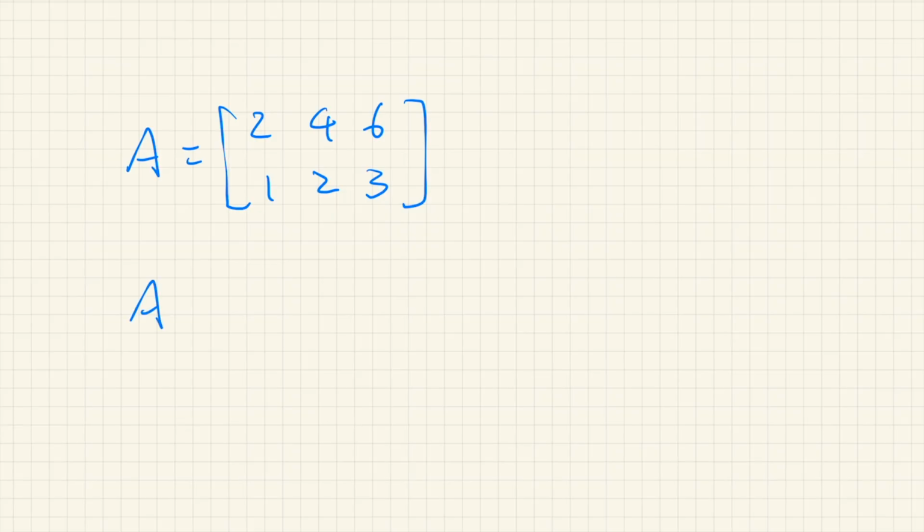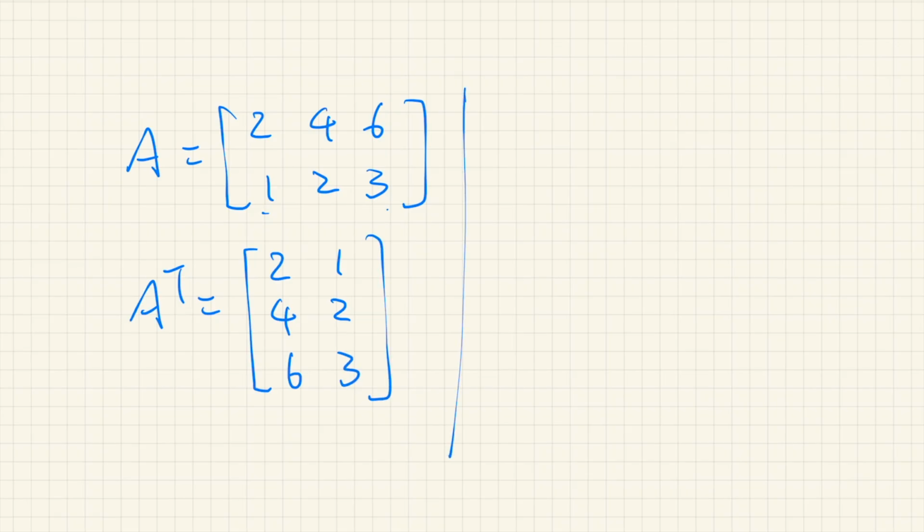Let's see a few examples. Suppose we have matrix A, which is, let's say, 2, 4, 6 in the first row and 1, 2, 3 in the second row. So this is a 2 by 3 matrix. A transpose is a 3 by 2 matrix. The first row becomes the first column, so 2, 4, 6, and the second row becomes the second column, that's 1, 2, 3.